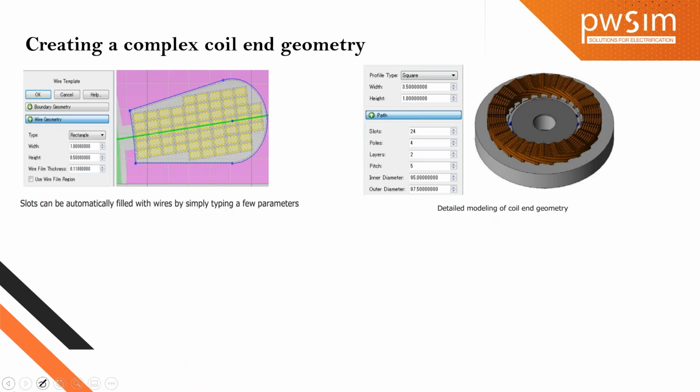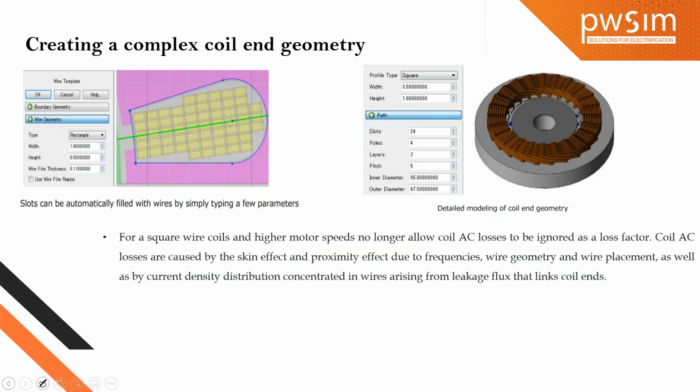So in the JMAG geometry calculator, we have two options. One is to create a wire template, and the second is to create a coil end winding to accurately calculate the end winding leakage inductance. For square wire coils and higher motor speeds, the AC losses cannot be ignored as a loss factor. The coil losses are caused by the skin effect and proximity effect due to frequency.